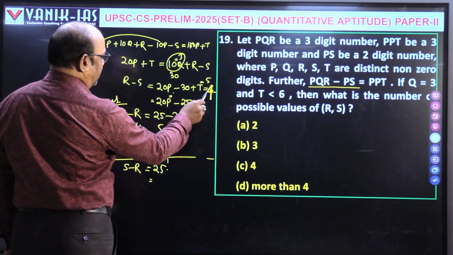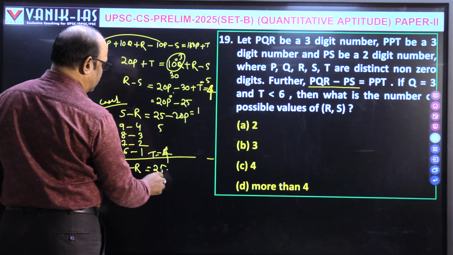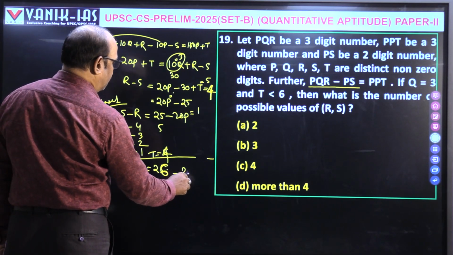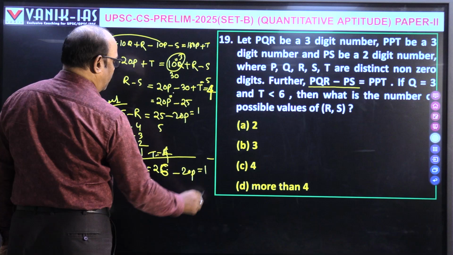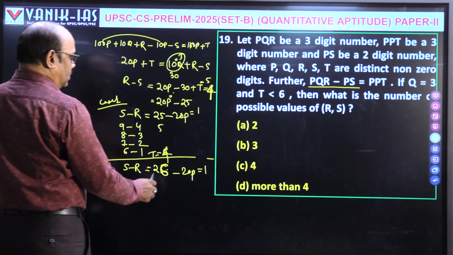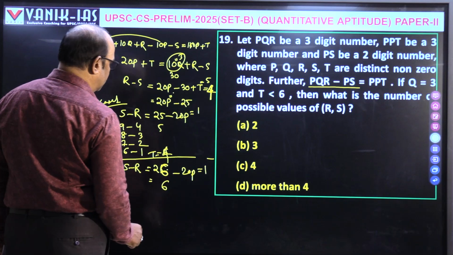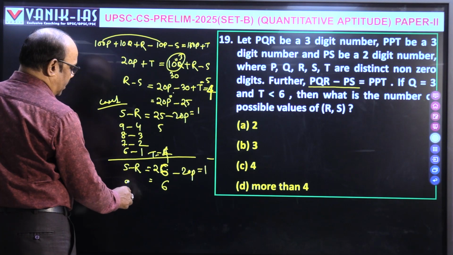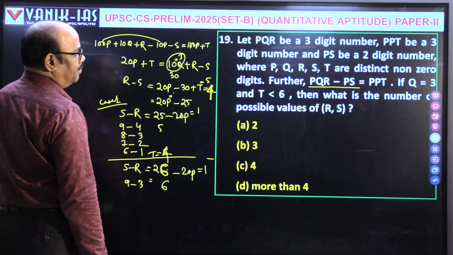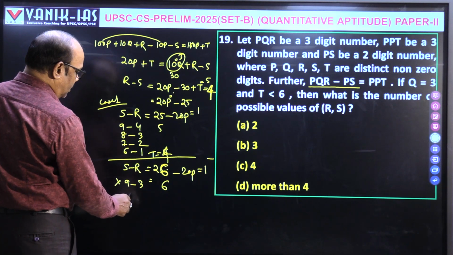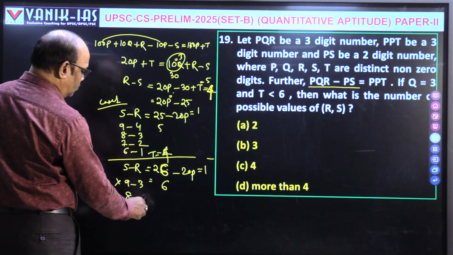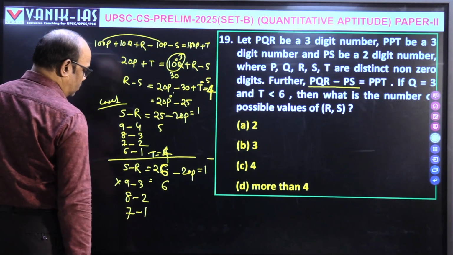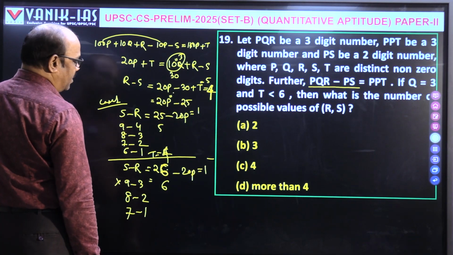Then minus 30 plus 4 is minus 26, so this will be 26 minus 20P. Again if P is 1, 26 minus 20 becomes 6, again more possibilities. So S minus R, you can say 9 minus 3. If it is distinct, it is not possible. 8 minus 2, possibility is there. 7 minus 1, also possibility is there. That means more possibilities are there.